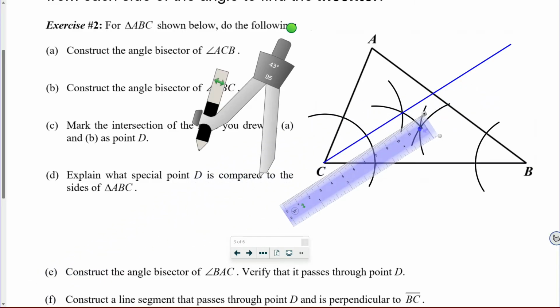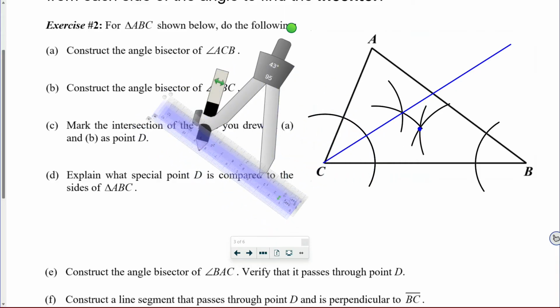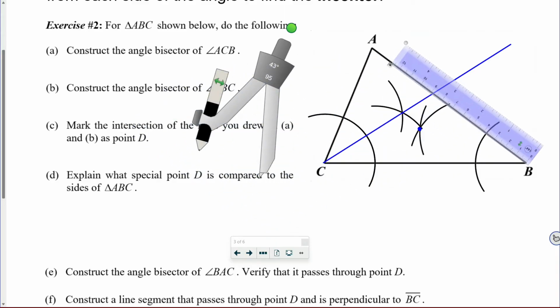Easy to kind of forget what we're finding the intersection of here. And now let's draw in that angle bisector. I think I need to rotate it just a bit more. That looks good.